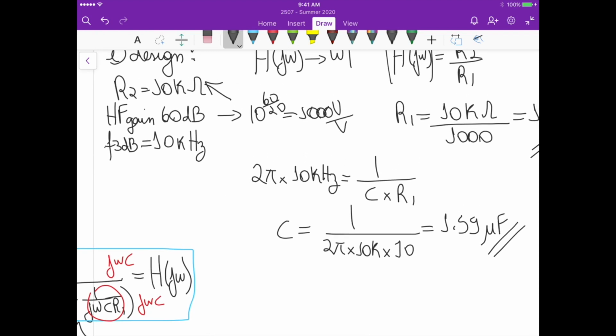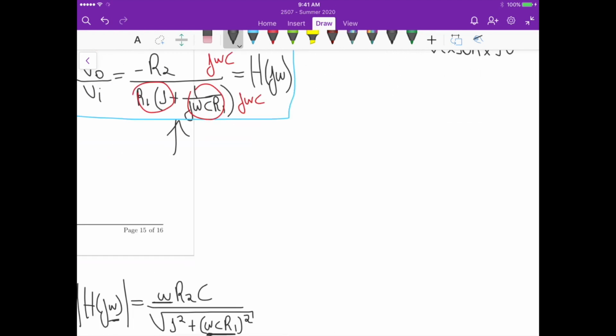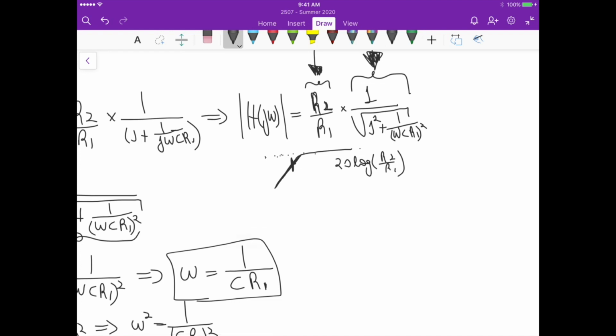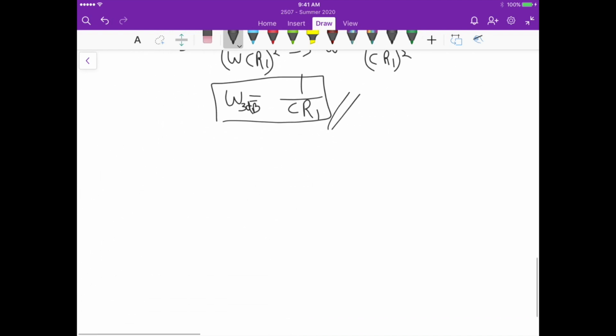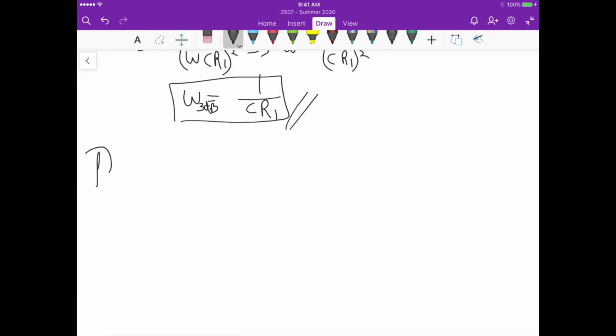Now for part F, we have to define an input impedance. So for the input impedance, let me go down here. It's called part F, input impedance. So if you remember, we had our circuit like this.